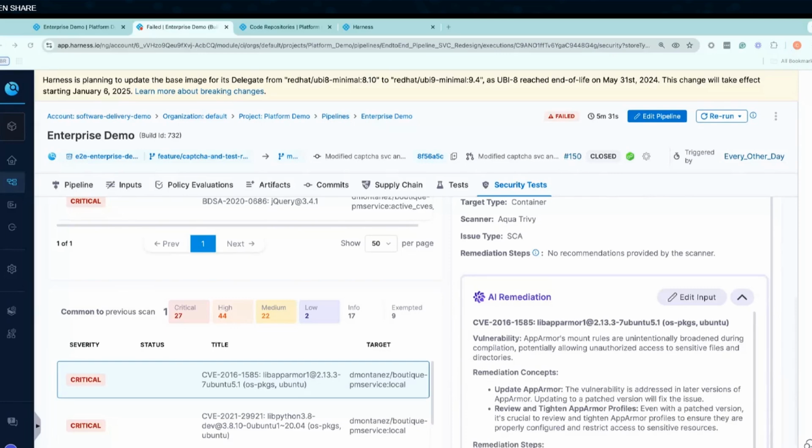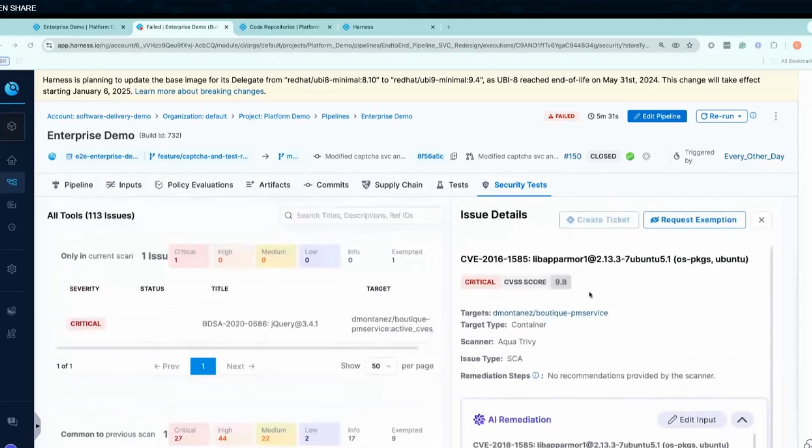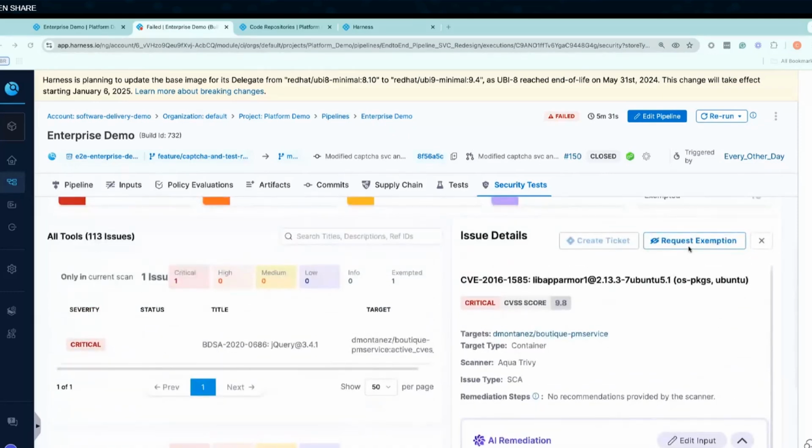When you can all look at the same thing, and perhaps there's a security exemption that you have to work through, maybe a critical vulnerability shows up but it's really a false positive or not anything that will impact the application, then it can be easily managed as opposed to throwing it back and forth over the wall. So a lot of those types of processes and workflows are built into the platform here.